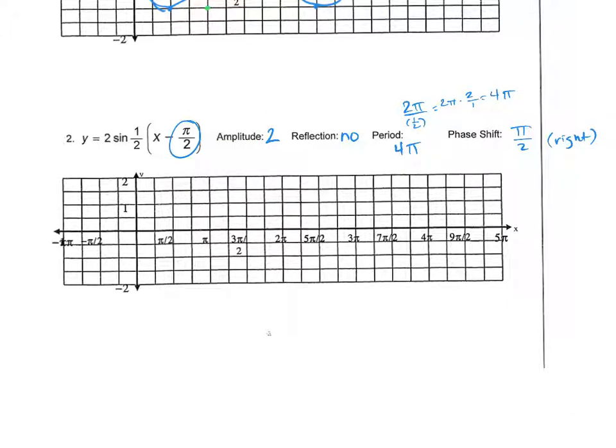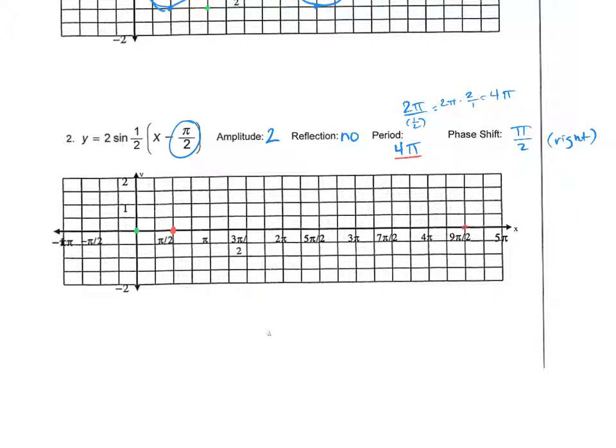Normally sine would start at the origin, but now that's going to be shifted pi over 2 to the right. So now my graph starts at pi over 2, and my period takes 4 pi. So I'm going to go 4 pi from there.